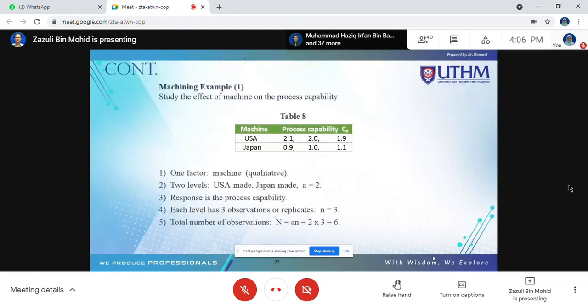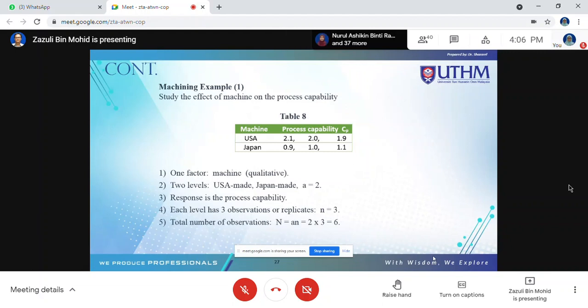So this is page 27. I think the page numbers in the slide that I gave you are a little bit different compared to the slide today, because I have deleted some of the pages. So this is the first example of data in an experiment that we use to explain what ANOVA is.